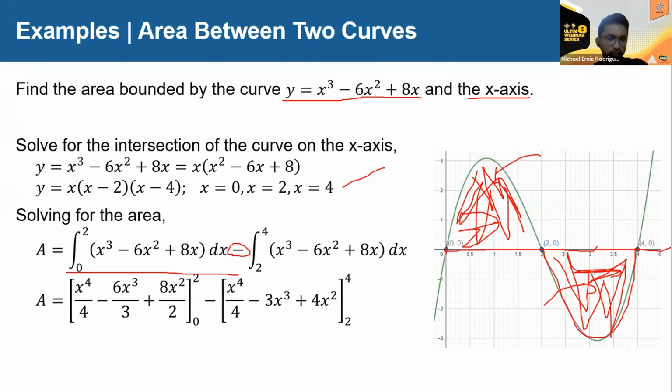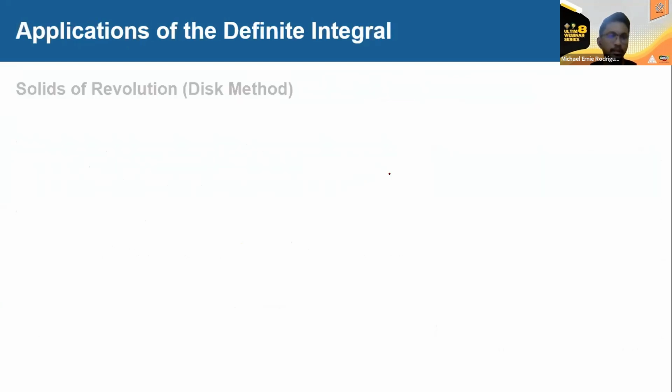This is 2. So x to the 4th over 4 minus 2x cubed, plus 4x squared. So we have our answer, 8 square units. You can also go directly to the calculator: the integral of this, input it, minus the integral of this. So directly on the calculator, we have 8 square units.